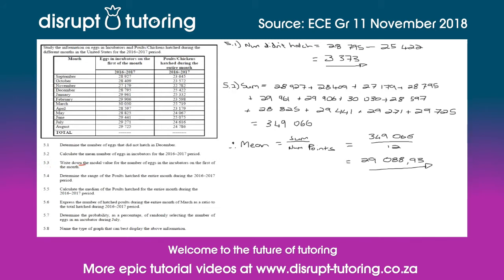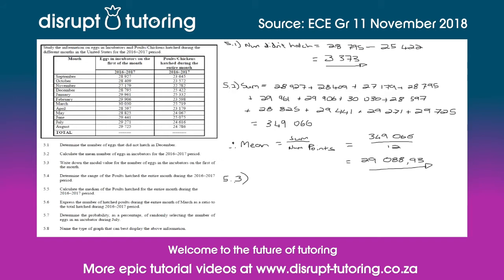Okay, and then on to 5.3, it says write down the modal value for the number of eggs in the incubator for the first month. The modal value means your most occurring number, the number that comes up more than once and the most occurrences.